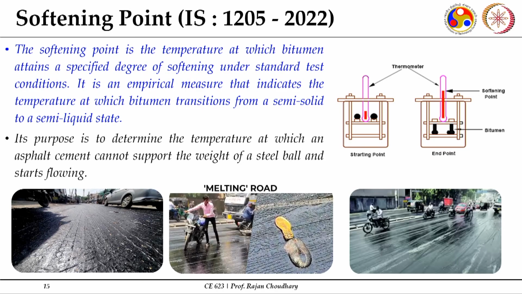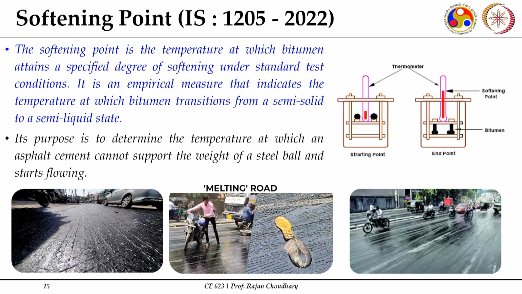Another consistency test which is used to ensure how the binder will behave, specifically the phase change of the binder. As I mentioned, it can be a semi solid at lower temperatures, and when you increase the temperature, it may become soft.